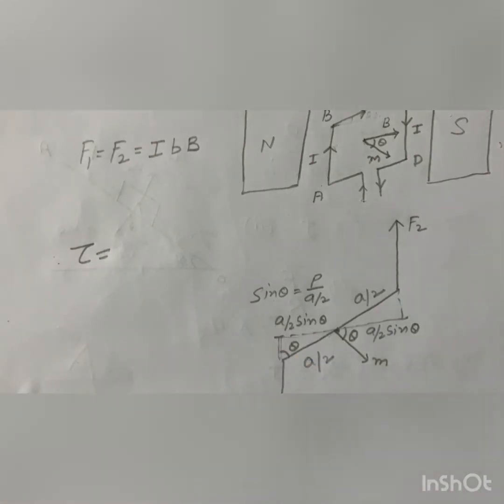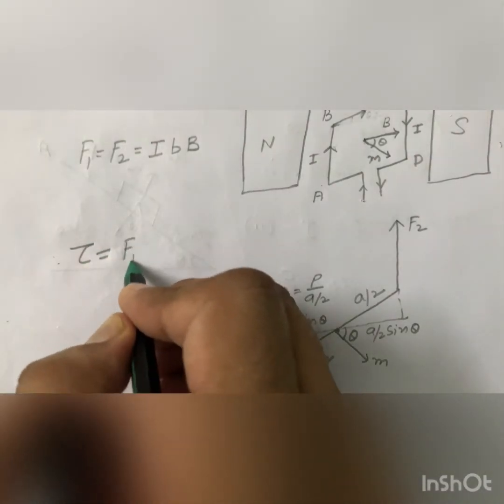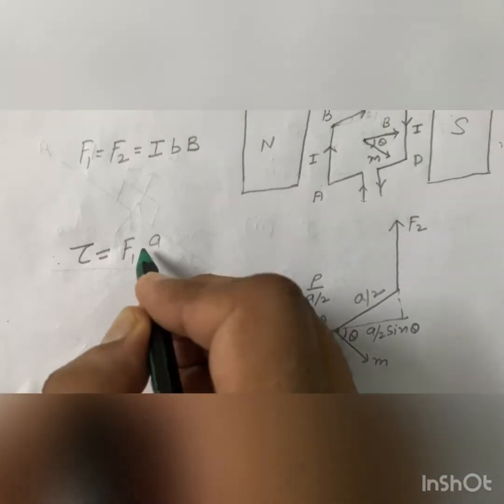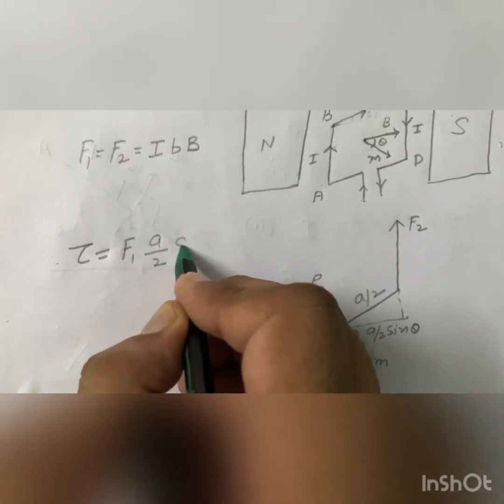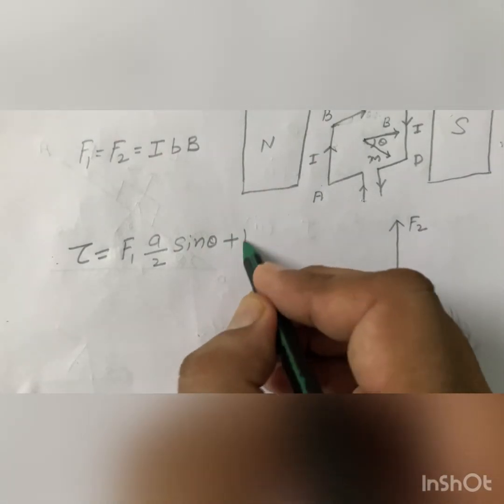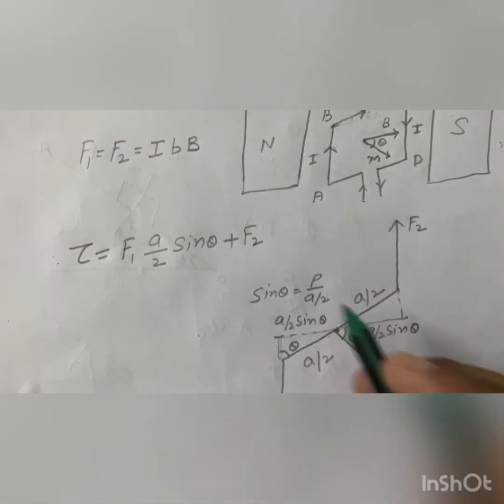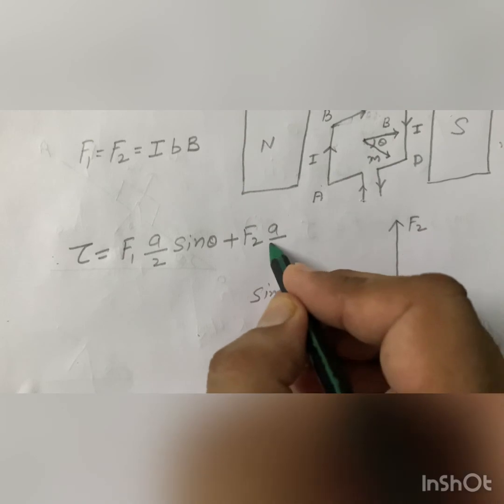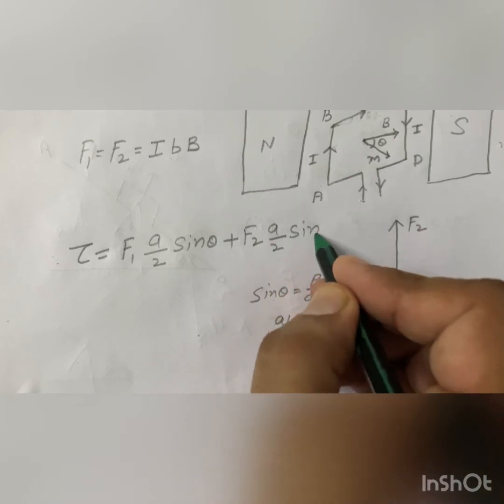Now the net torque acting, in magnitude, is given by torque equal to F1 into a over 2 sine of theta plus F2 into a over 2 sine of theta.